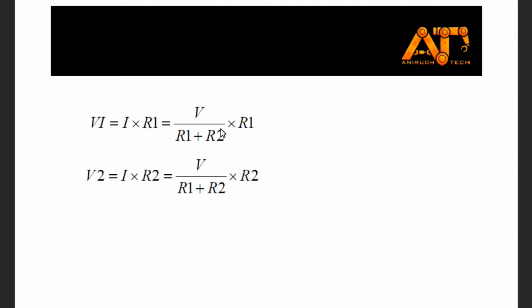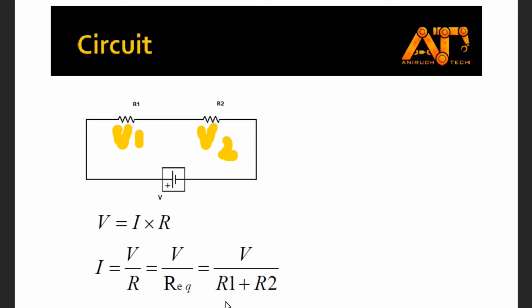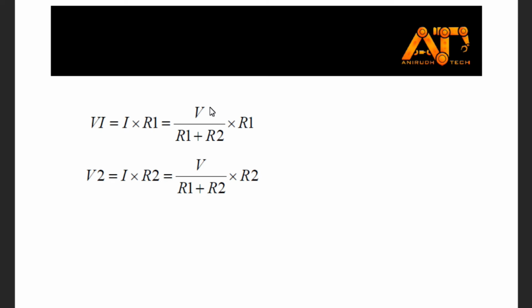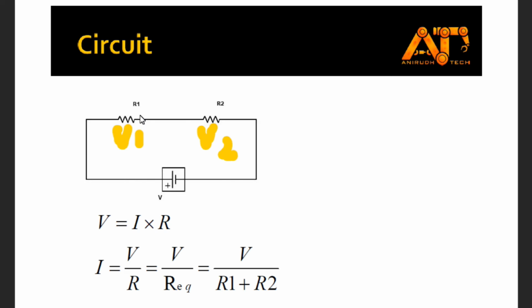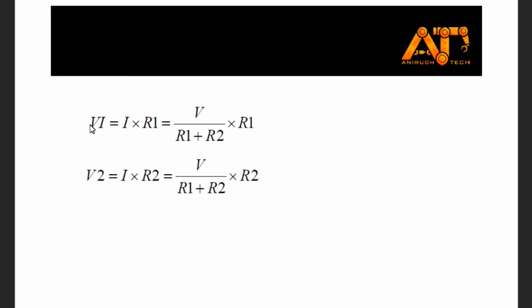We had already found I is equal to V by R1 plus R2, voltage by equivalent resistance. So V1 is equal to V by R1 plus R2, that is the equivalent resistance, multiplied by R1. Like that, V2 is equal to I into R2, that is V by R1 plus R2 multiplied by R2.